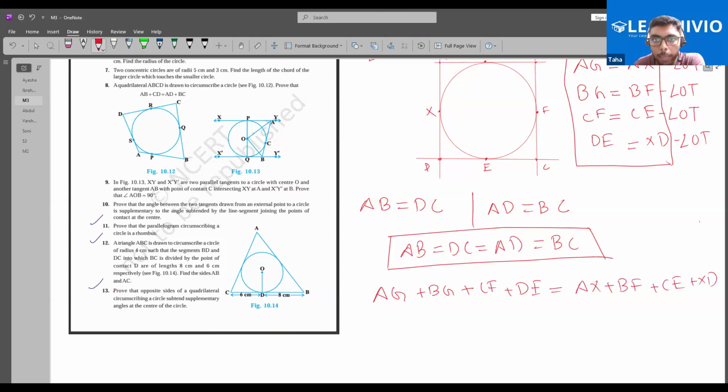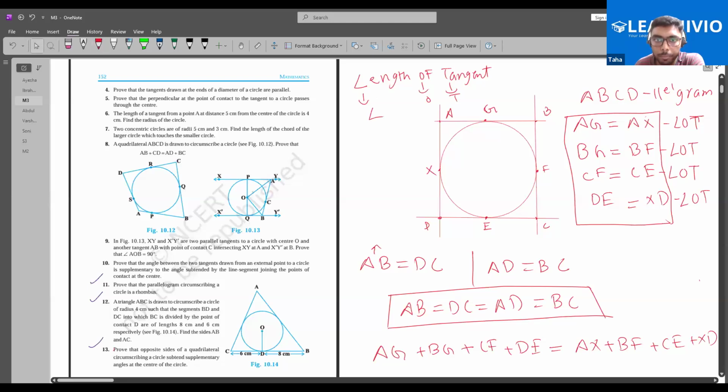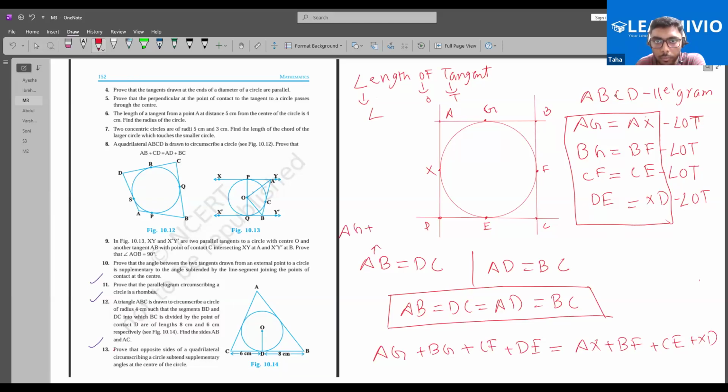Okay. What is AB made up of? AB is made up of AG plus GB. What is DC made up of? DC is made up of DE plus EC. And what is AD made up of? AX plus XT. And BC is made up of BF plus FC.